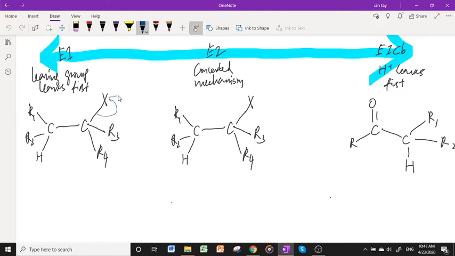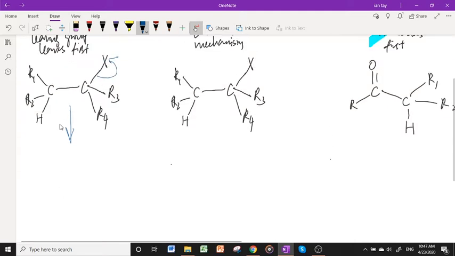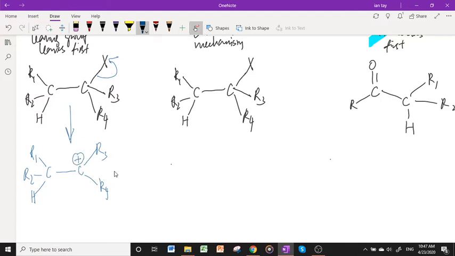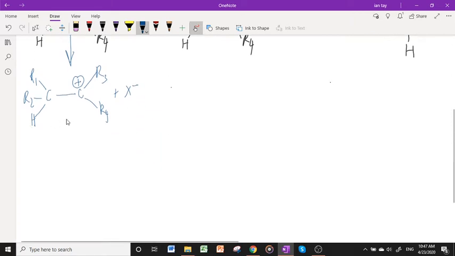We see that the leaving group leaves first, so this gives you a carbocation with a positive charge on this carbon, and then after that a base comes along to abstract the hydrogen, and what do we get?